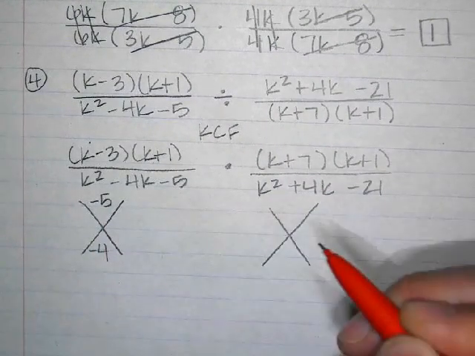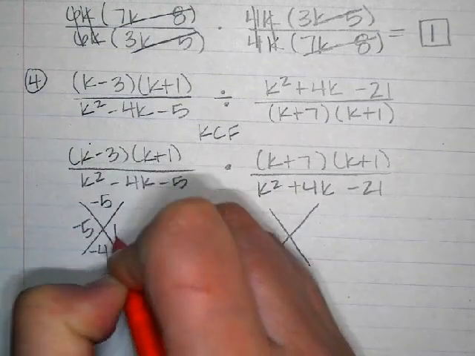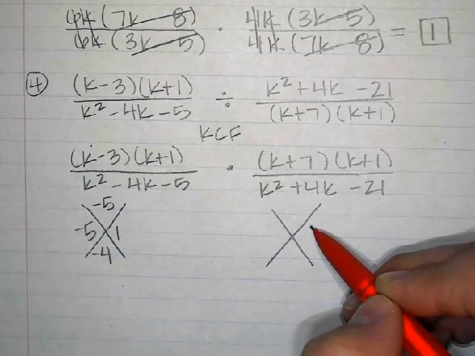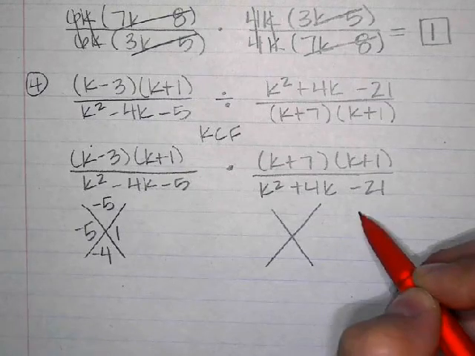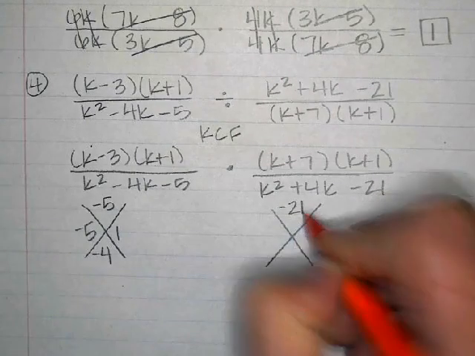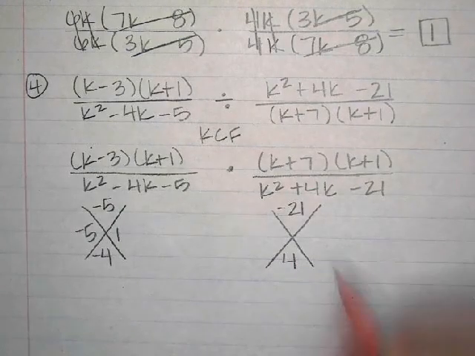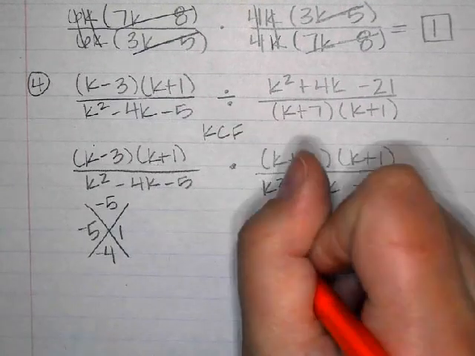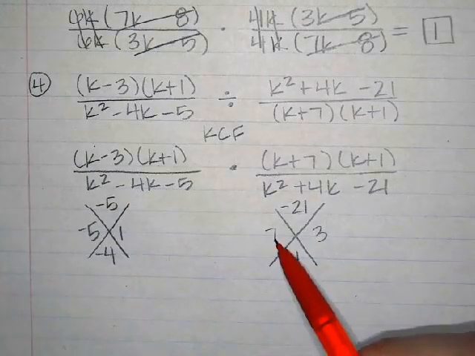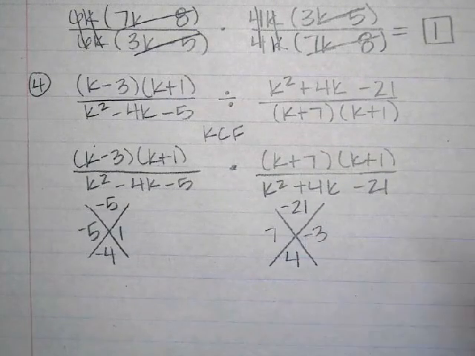Over here, multiplies to -21, adds to 4. Okay, what multiplies to -21 but adds to 4? You're very, very close. 7 and 3, but should the 7 be the negative number? The 3 is the negative number. Okay, so we got k minus 3, k plus 1.